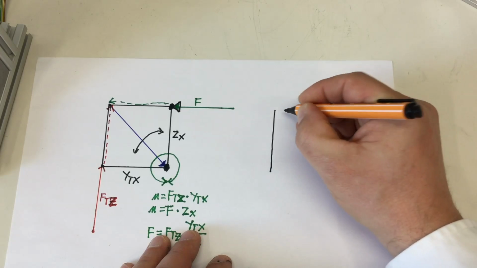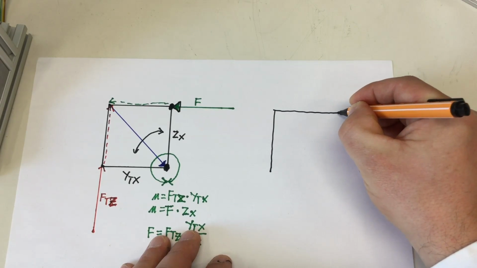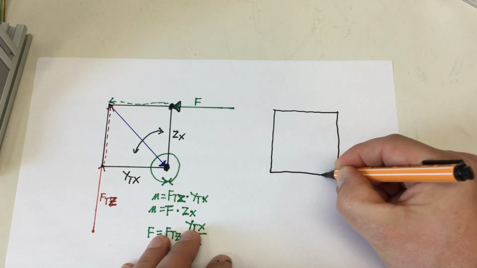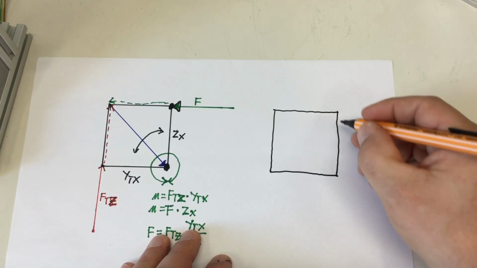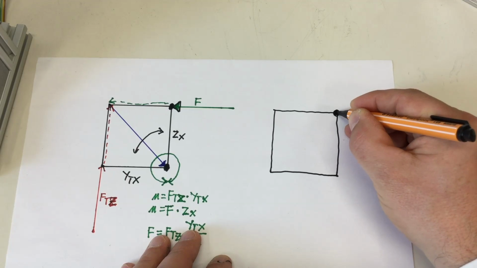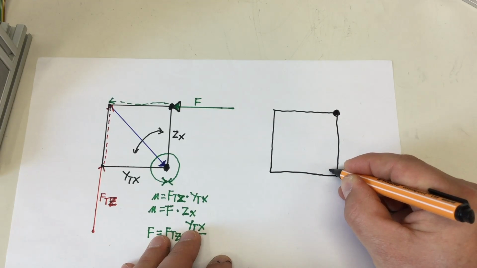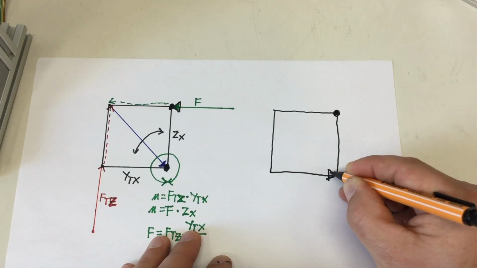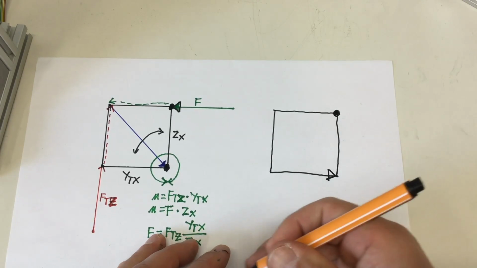If we take a second model, and now I say, here I have a linear bearing, and here I only have a bearing pressing in one direction.